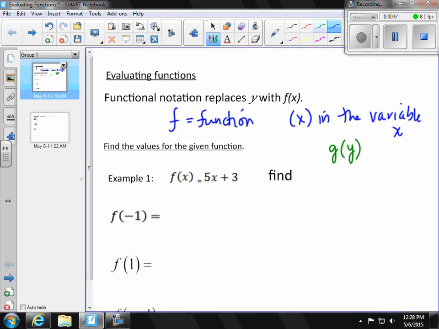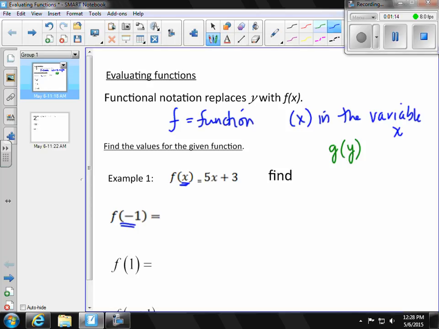When we want to find the value for a given function, for example, if we're given the function f of x equals 5x plus 3, and I want to evaluate at f of negative 1, notice the only thing that's changed here is where I have x, now I'm replacing that with negative 1.